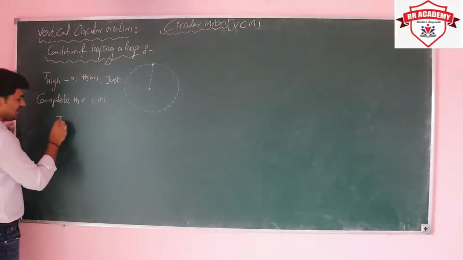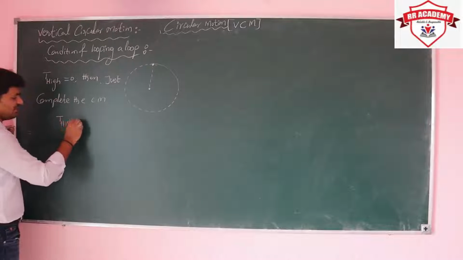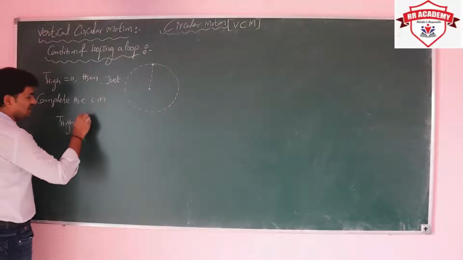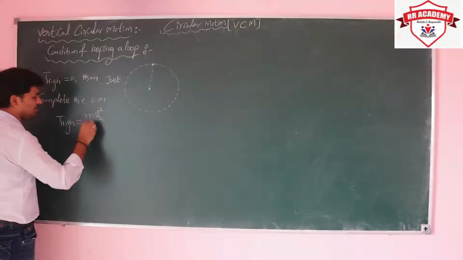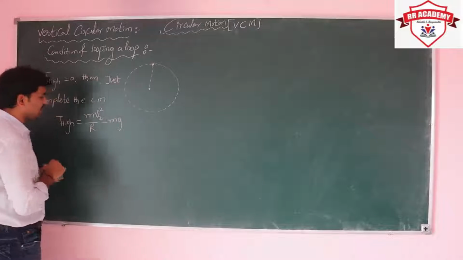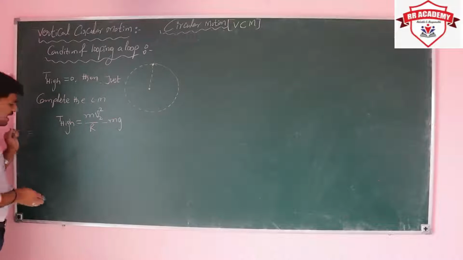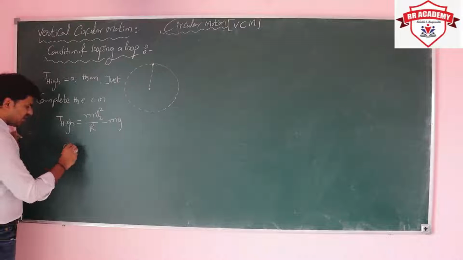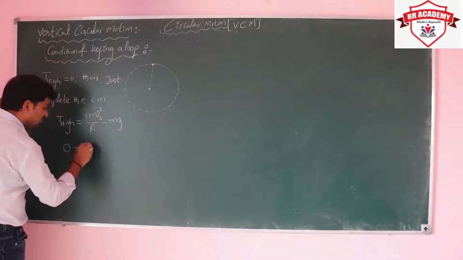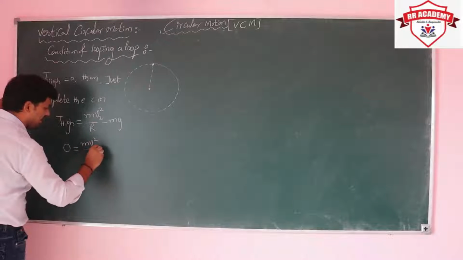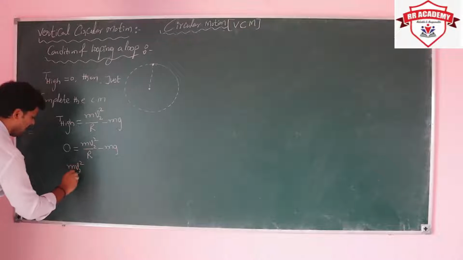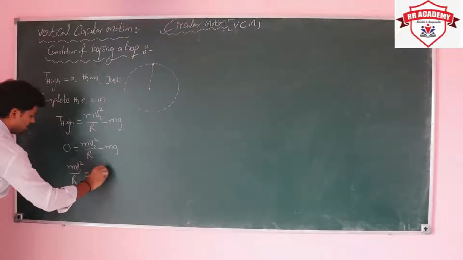For that, take the equation for the tension at the highest point: mv2 square by r minus mg. In this condition, we consider the tension to be 0. When the tension is 0, mv2 square by r minus mg is 0, so mv2 square by r is equal to mg.